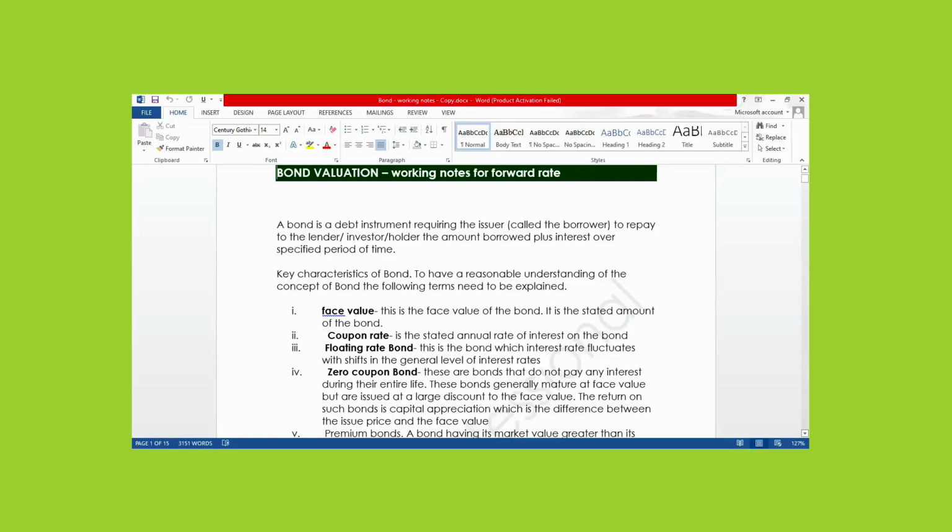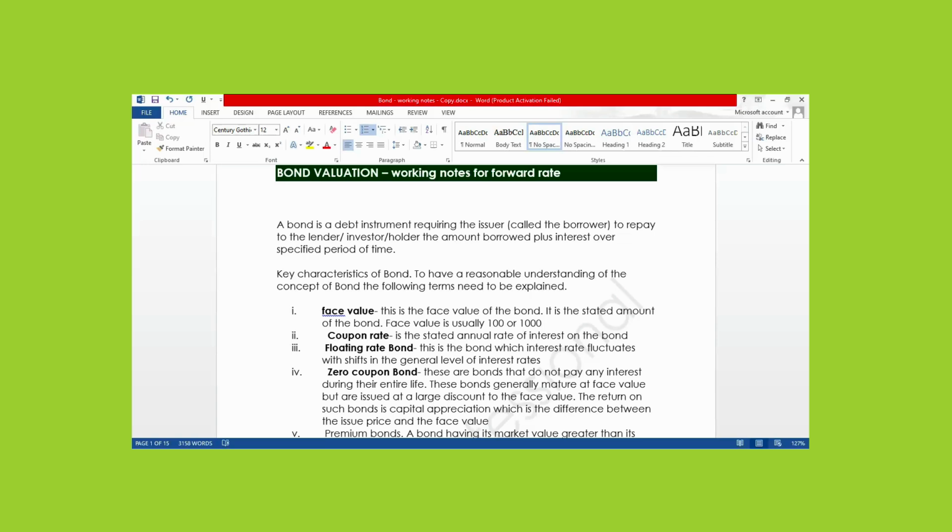The face value is usually 100 naira or 1,000 naira.